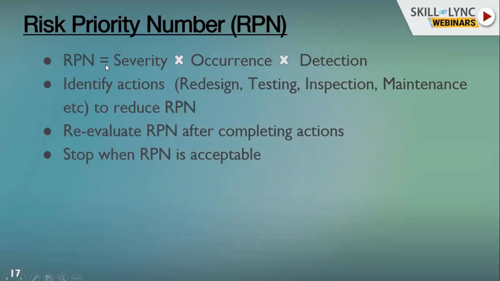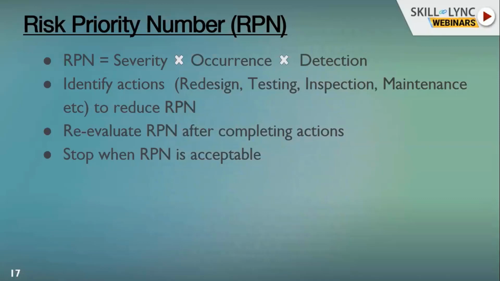And then as we discussed, RPN, risk priority number, is the severity, occurrence, and detection. And then you identify the actions. Either you do the redesign, depending on what is easy to do.